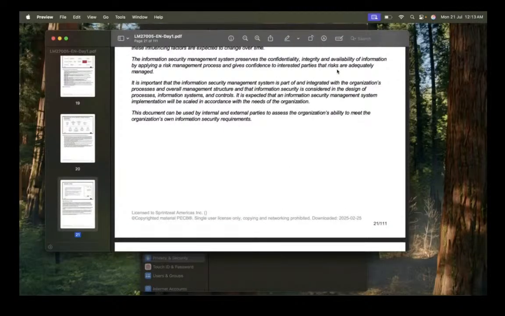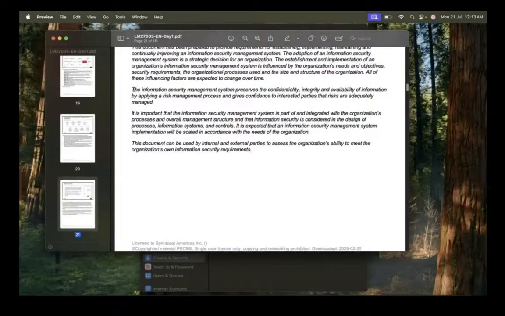There are some more things. If you see this paragraph, this is also an important one, which talks about the information security management system, that it preserves the confidentiality, integrity, and availability of information. In our further session, in this session only, later we'll discuss these three.